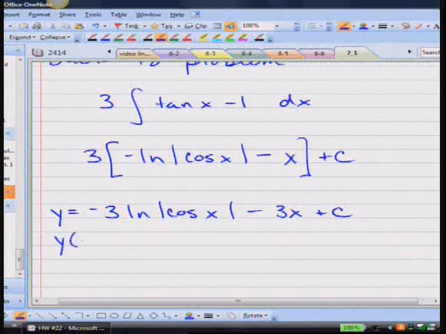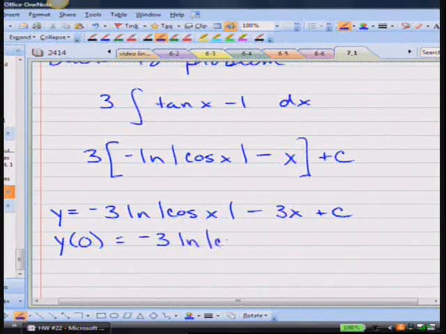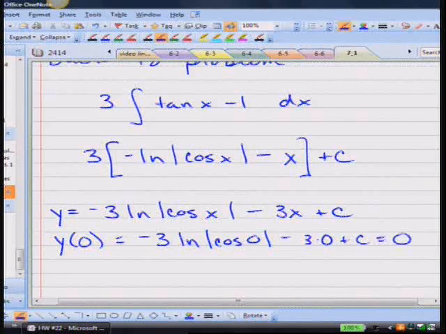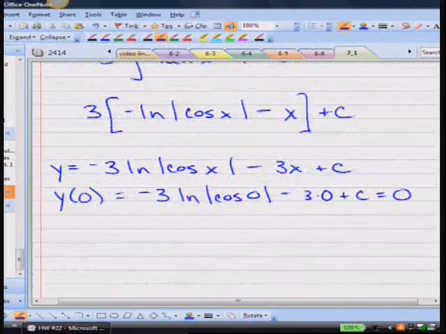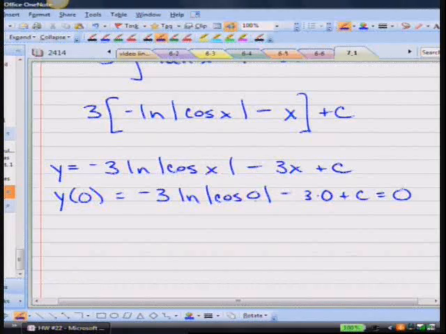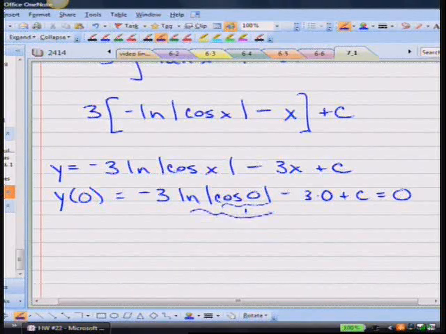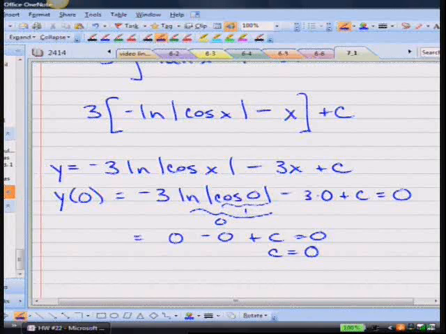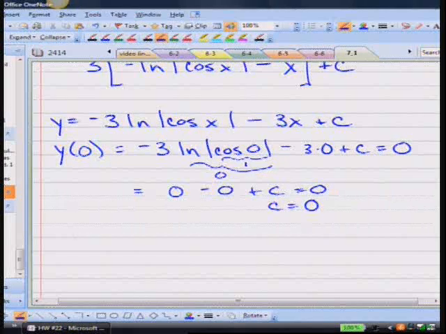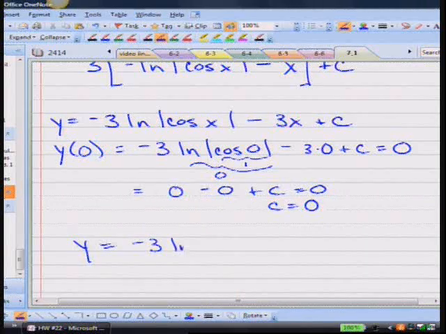You were told that y at 0, which would be negative 3 ln cosine 0 minus 3 times 0 plus c, is equal to 0, right? The cosine of 0 is 1, and the ln of 1 is 0. So this is equal to 0 minus 0 plus c equals 0. So you actually discover that c equals 0. So your original function is negative 3 ln absolute value cosine x minus 3x.